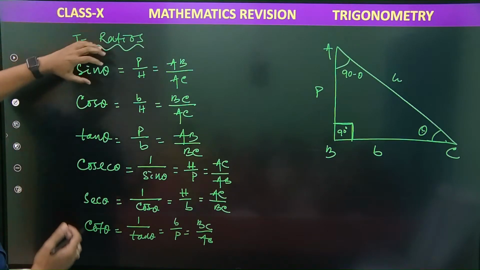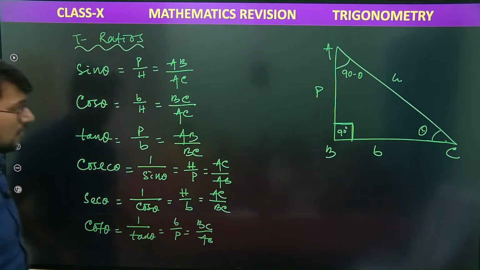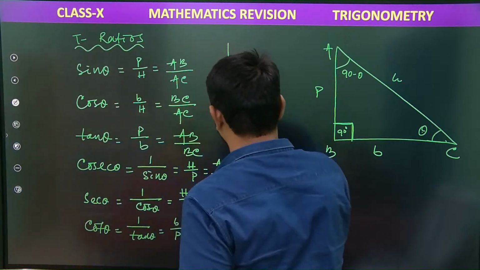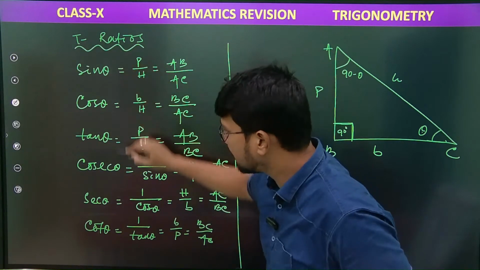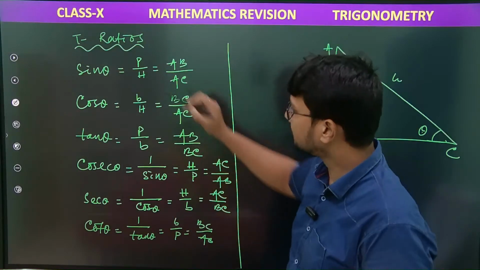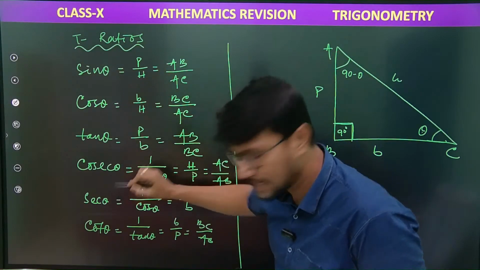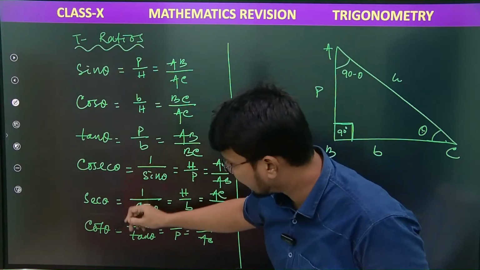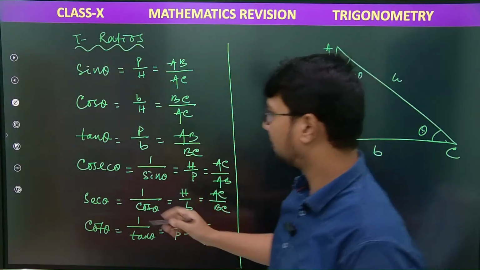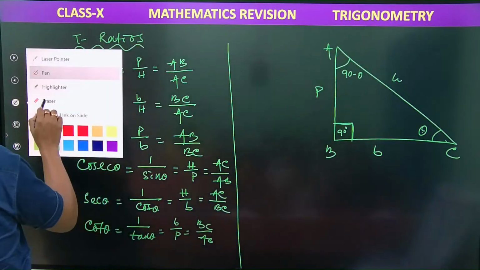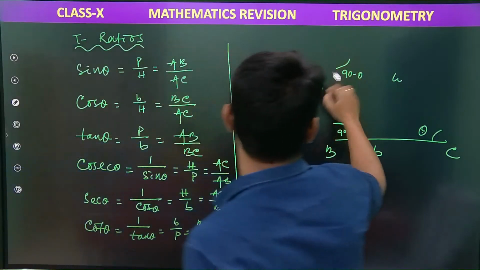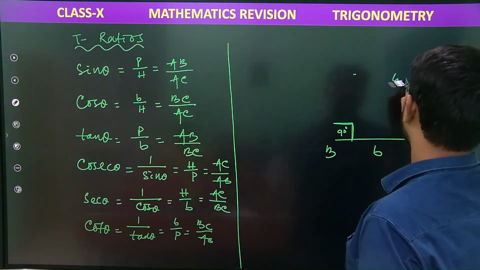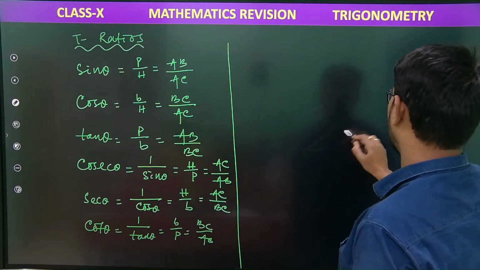Then after the T ratios, you can understand the reciprocal relation here. The reciprocal of sine is cosec, the reciprocal of cos is sec, and the reciprocal of tan is cot. Therefore, we can write the reciprocal relation.